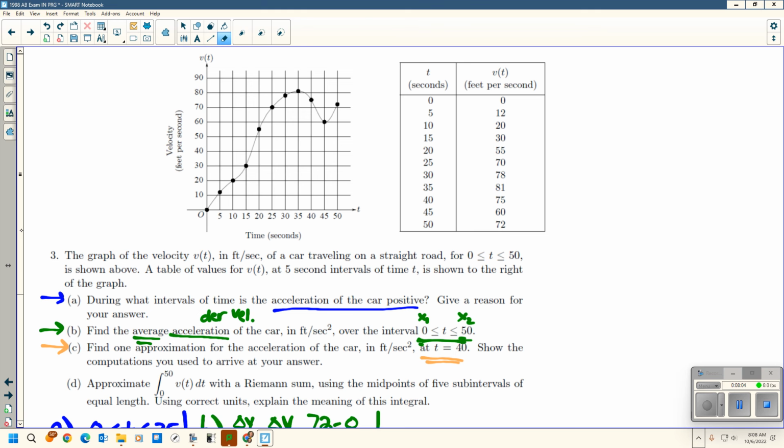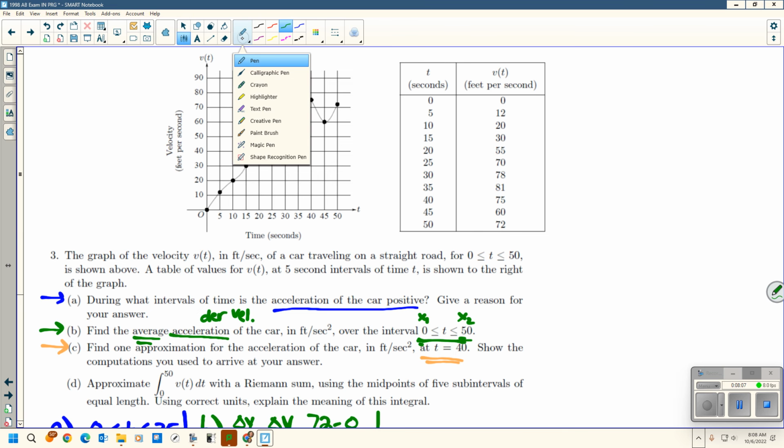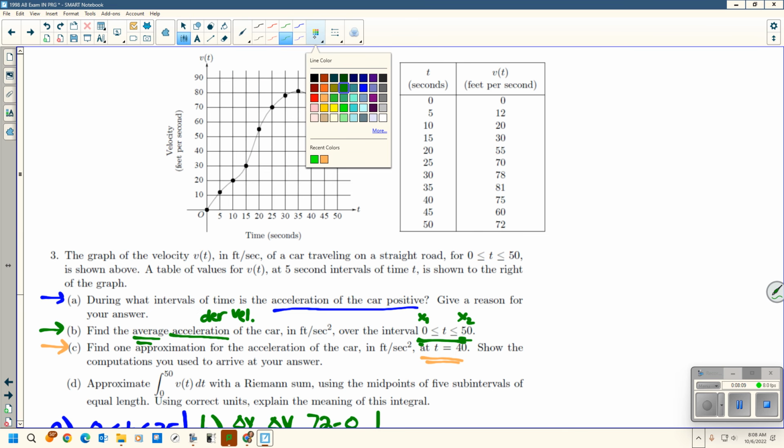Right at time equals 40. The key is find an approximation. We cannot find an exact thing there. There are 3 different ways you can do this.